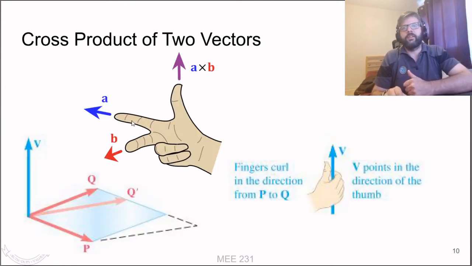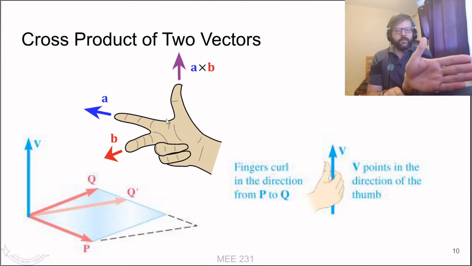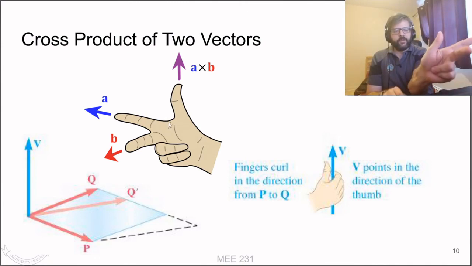Another way you could look at it, some people don't like to do the curl thing. Some people like to orient their hand in a particular direction, their index finger in a particular direction. They like to curl, point out the middle finger, and then the cross product would be directed based upon your thumb.